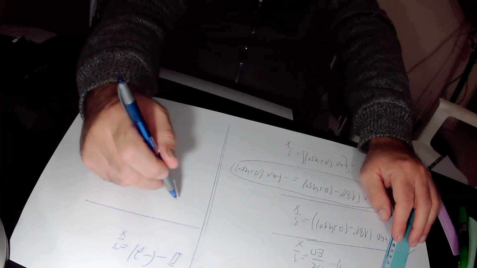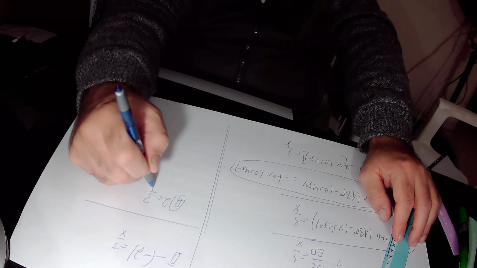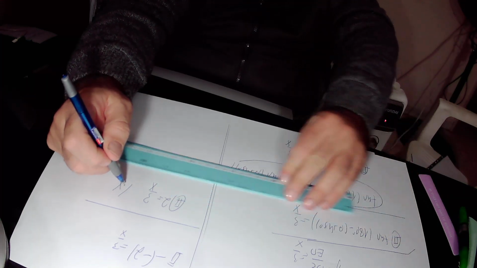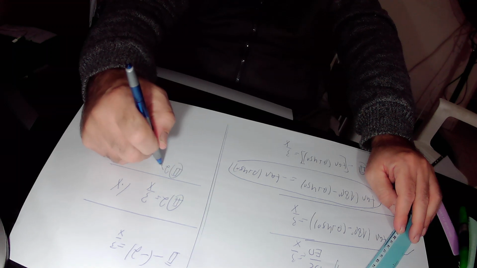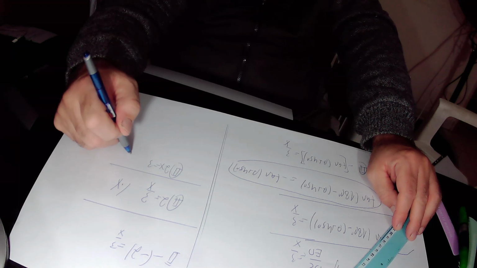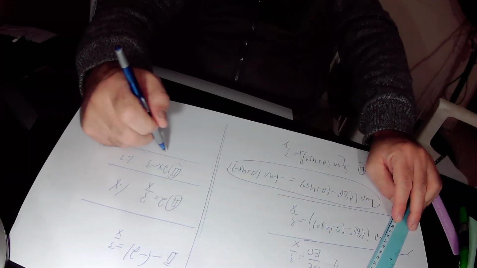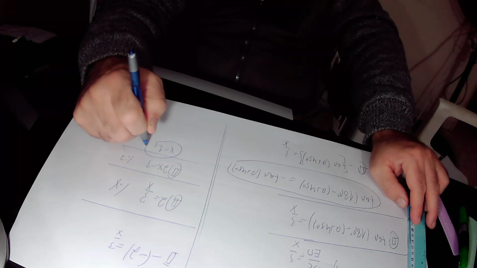Minus times minus 2 is plus 2, so 2 equals 3 over x. Here we multiply equation 2 by x, and so we get 2 times x equals 3. Here we divide equation 2 by 2. We get that x equals 3 over 2, that is 1.5 units.